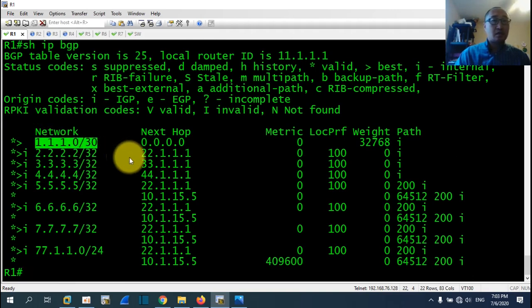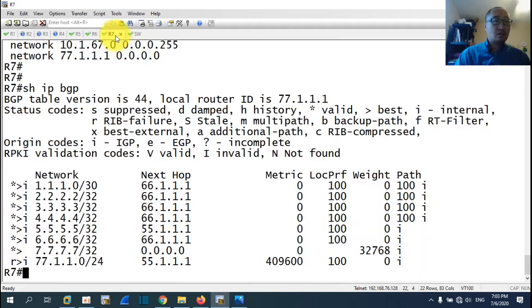Secondly, I'm gonna talk a little bit about this. Look at here. There's a R7, right? There's a letter R. What's that mean? That means RIB failure.